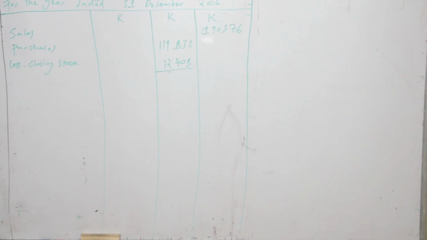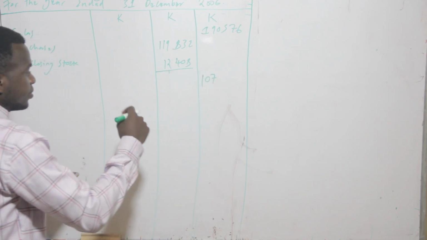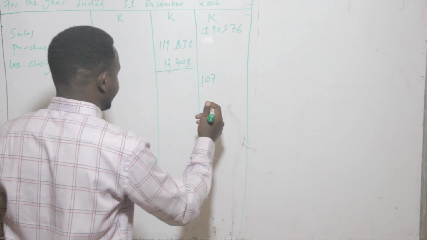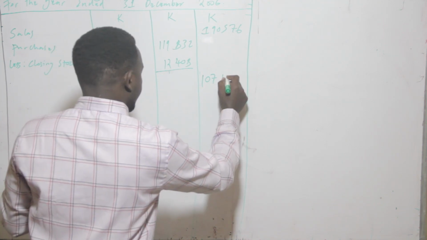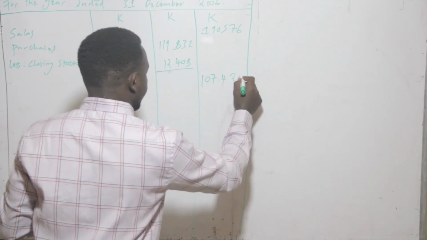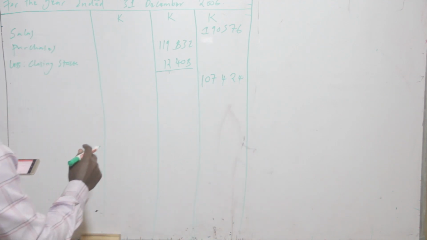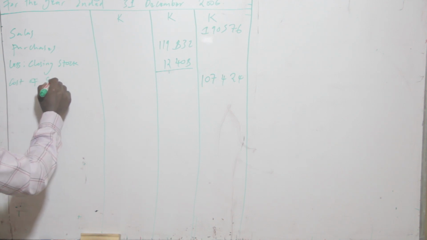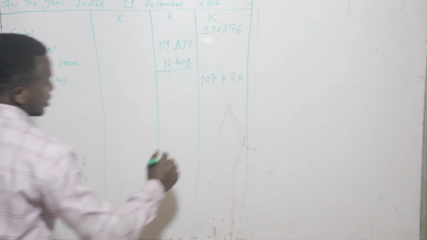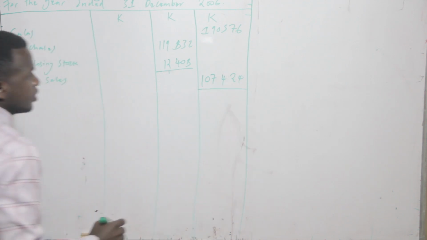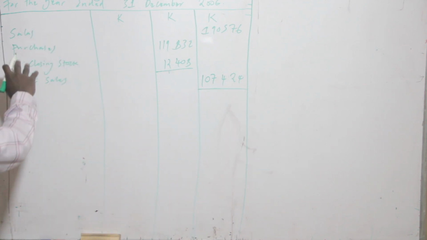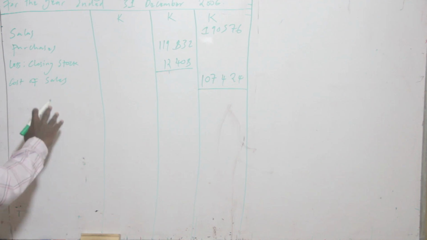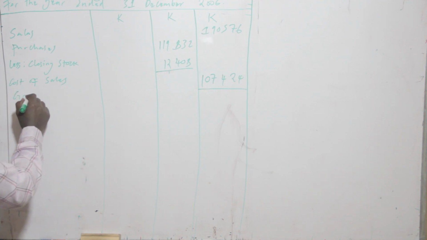So we're going to find the difference. We're going to say 119,832 minus 12,408. The answer there is going to be 107,424. That's going to be our answer, and this is going to be cost of sales. That means that we can find our gross profit or loss. Considering here the sales is greater than cost of sales, we're going to have gross profit.